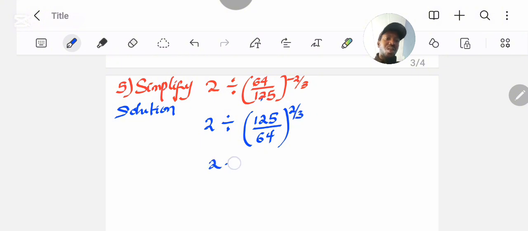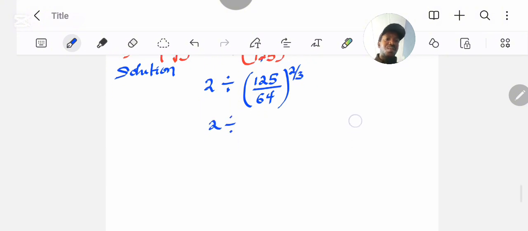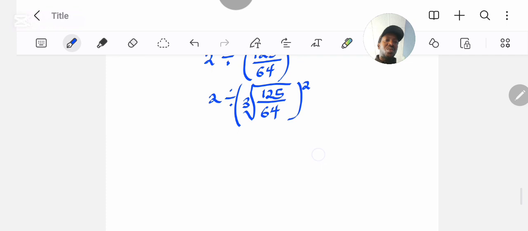And from here, we have 2 divided by, this is going to give us the cube root of 125 over 64 in brackets, all raised to the power of 2. So we have 2 divided by, now the cube root of 125 is 5. So we have 5 over the cube root of 64, which is 4, all raised to the power of 2.